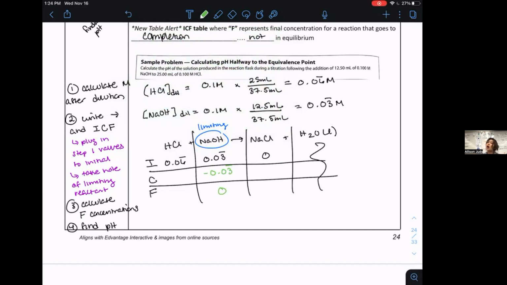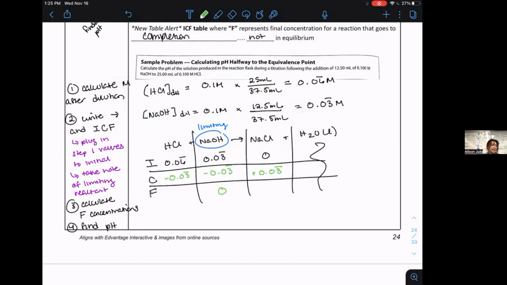Because I'm still dominated by my acid. Okay, I haven't neutralized all of my base yet. Otherwise, I'd be at equivalence. And this is stoichiometrically going to change my acid by 0.03 repeating as well. And it's going to add 0.03 of the salt, whose ion concentration is that molarity dissociated in water.